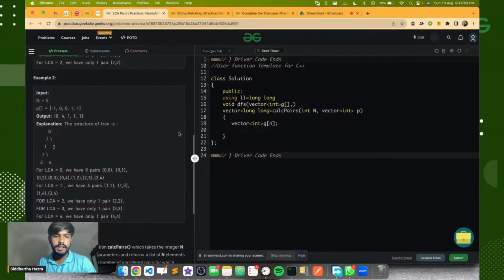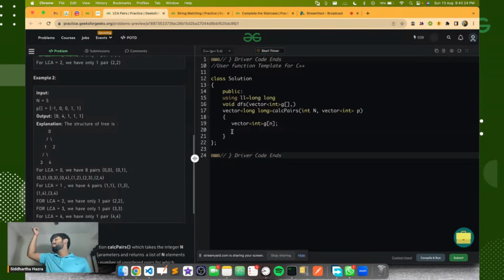So if you observe, the tree looks like this. 0 does not have any parent, so we are not doing that. Then we have an edge from 0 till 1. So I would go from the P of I. Okay, so now what I would do is I won't go from 0 because there is no point in going to 0.